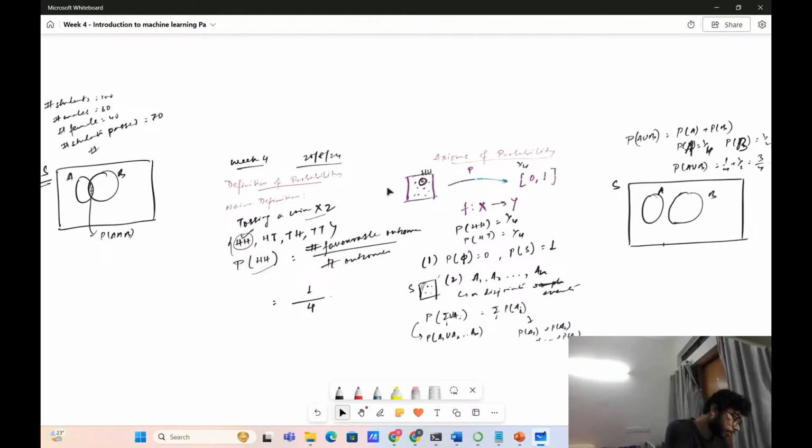Number of male students passed is, let's say, 30. Number of female students passed is 40. Right, this is just a random example.